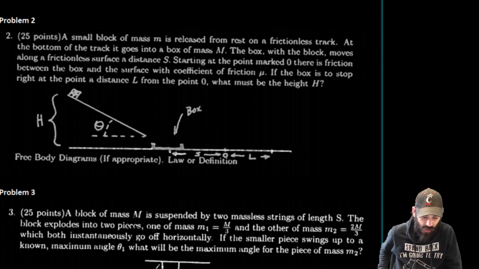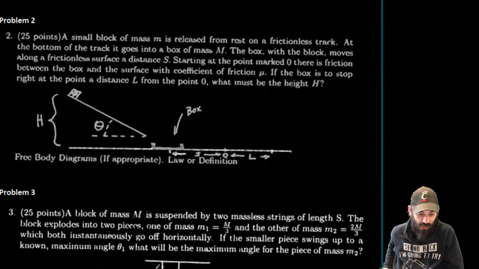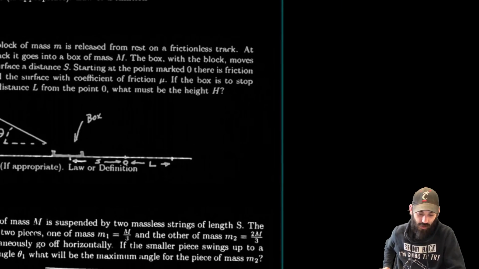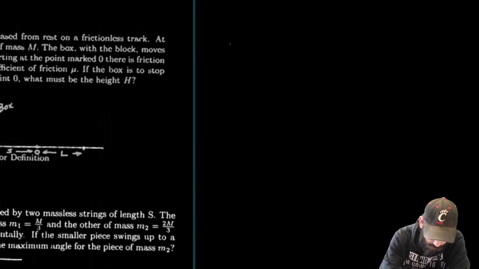The box with the block moves along a frictionless surface a distance of s. Starting at the point marked 0, there's friction between the box and the surface with a coefficient of friction of mu. If the box is to stop right at the point a distance L from the point 0, what must be the height h? Okay, so let's draw our before.